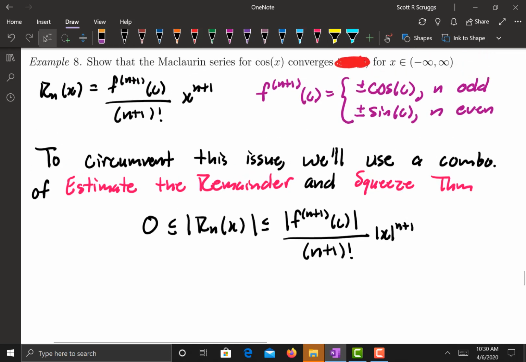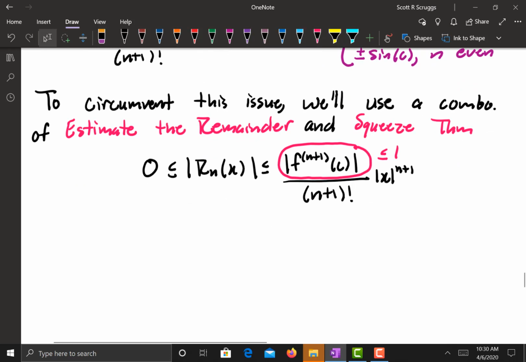And because my n plus 1 derivative of f at c is either sine or cosine, I can always bound this guy as being a number that is less than 1. Which means, in the end, this is bounded by the absolute value of x to the n plus 1 over n plus 1 factorial.